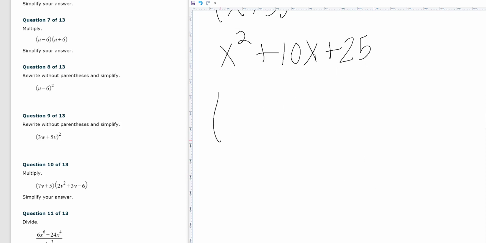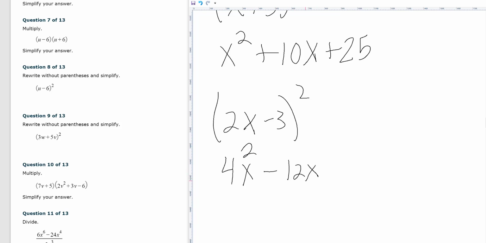Okay, let's do 2x minus 3 squared. Well, that's going to be 4x squared. That would be 6x, so double that, minus 12x, and then plus 9. So it's square the first, 2x times 2x, 4x squared. Multiply these two, negative 6x, but double it for negative 12, and then square the last one, plus 9.